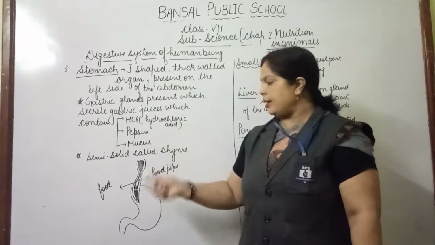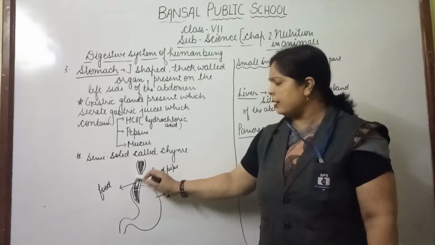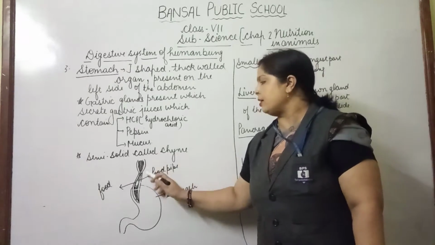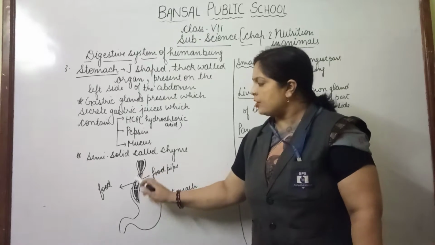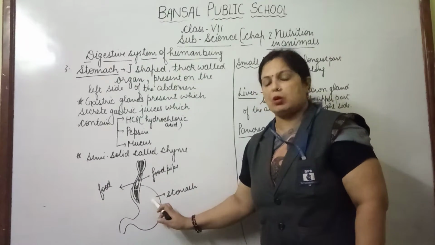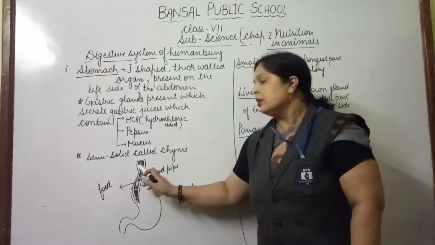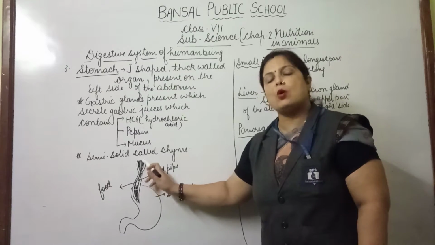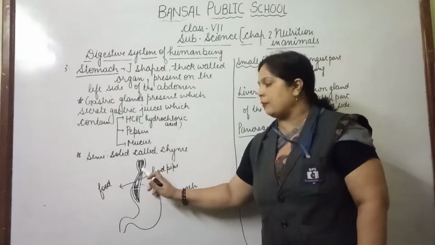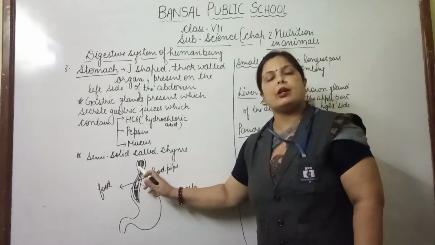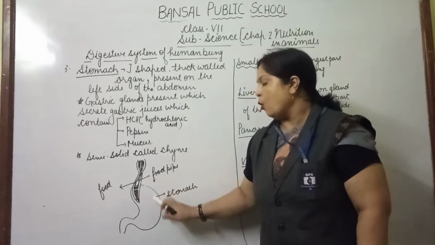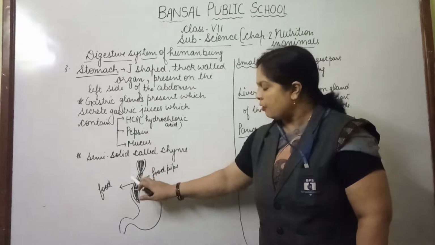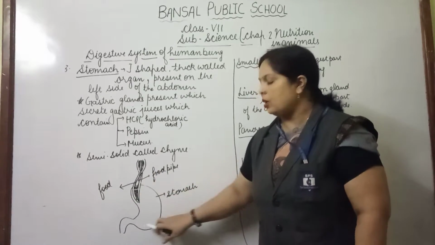Is it clear, students? That is the esophagus, and the esophagus is also known as the food pipe, where food is pushed from the esophagus to the stomach. That's why we can say that no digestion takes place here, only peristaltic movement takes place. That means contraction and relaxation occur alternately. Clear? And now food from the esophagus goes into the stomach.